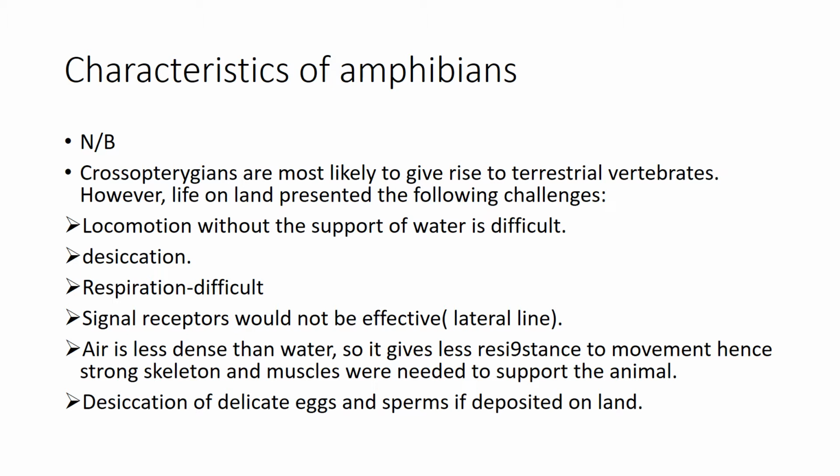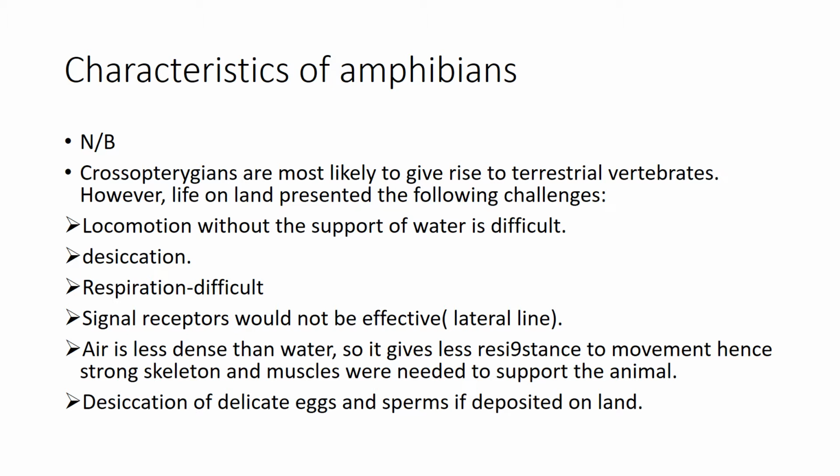Locomotion without the support of water was difficult. Remember, fishes are adapted to water and they cannot move without water. Desiccation is the process of drying up. So starting with the skin, going to the gills, everything in the body dried up.